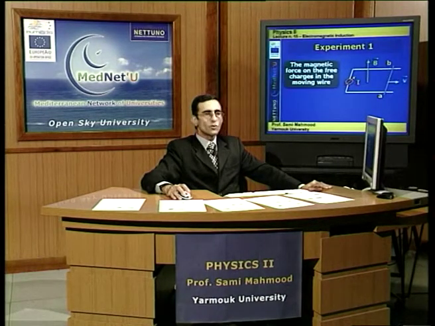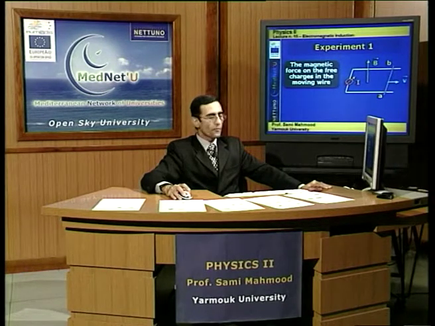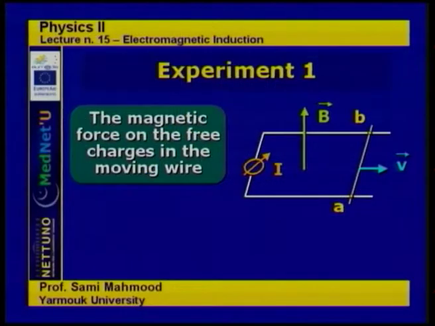And now let's use Faraday's law and see how this law explains the experiments one by one. For example, if we pick experiment number 1, the magnetic force on the free charges in the moving wire: remember that the wire AB is moving, and as it moves in the magnetic field, we know that it experiences a force.